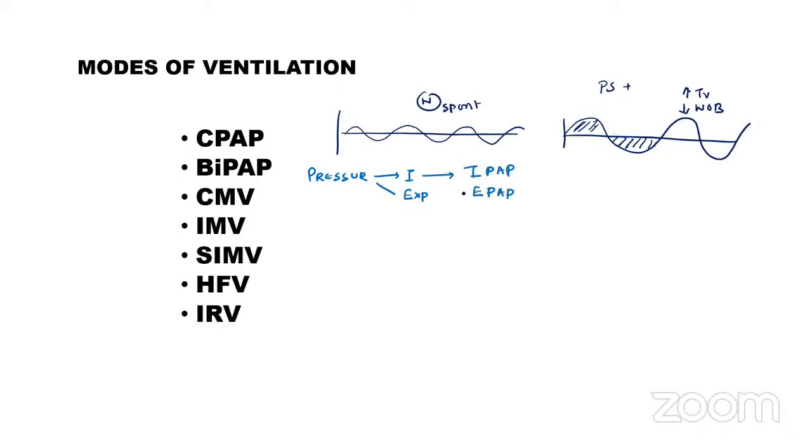Both are important to reduce the work of breathing. Now, we will see the other ones. Controlled mandatory ventilation. This is probably the first ventilatory mode that you put any patient on when he is totally paralyzed.